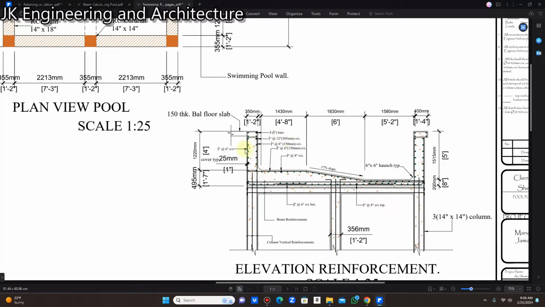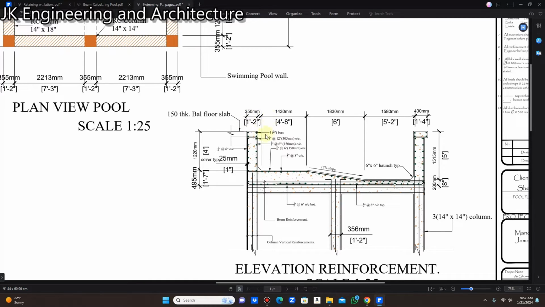So someone might look at this and say, why so much reinforcement? 3/4 inch bars, number 19 bars, spaced at 6 inches on center. The reason for that is, and I'm going to show you too, that when I did the initial calculation to get a factor of safety of 2, the thickness of the wall works out to be 3 feet.